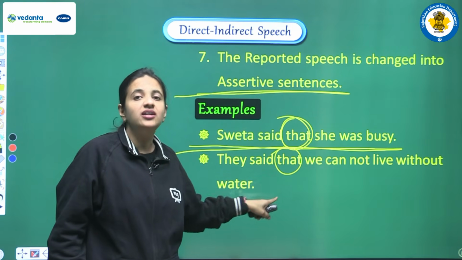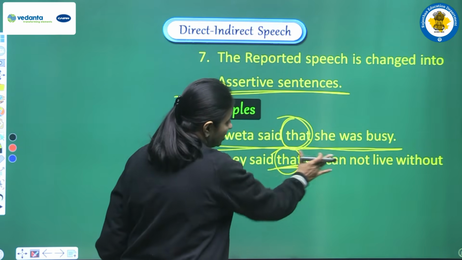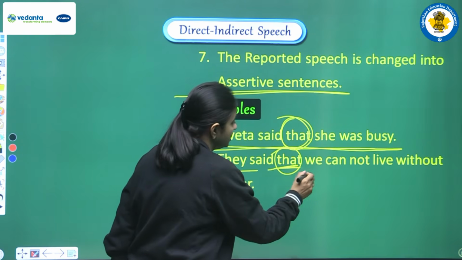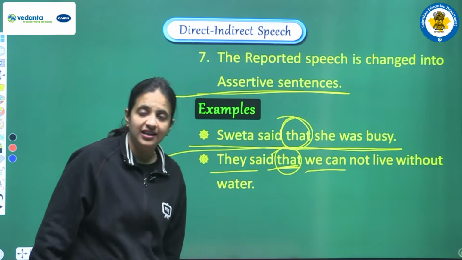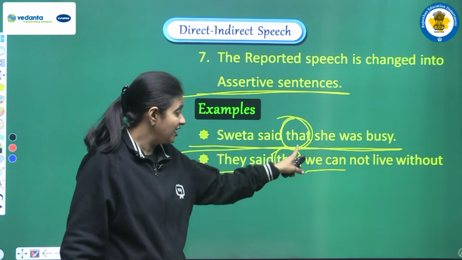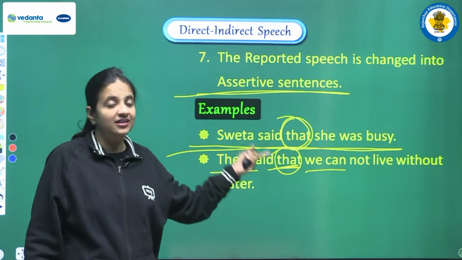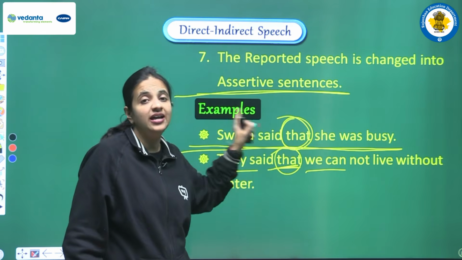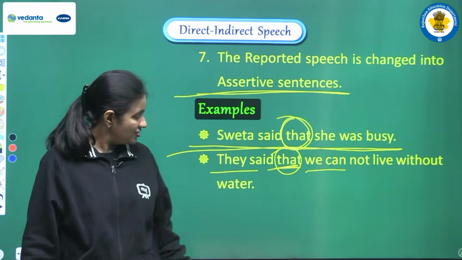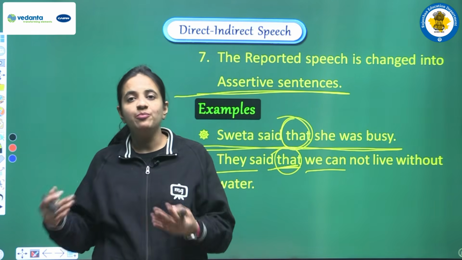With the help of this word we can create one connection between these two different parts of the sentence. When we were having direct speech, the connection was there with the help of the commas, but now when no commas are here, we have to add this word, and this word is known as conjunction. Clear?